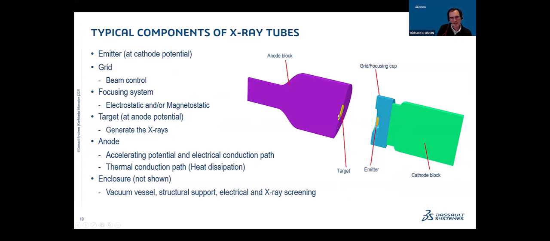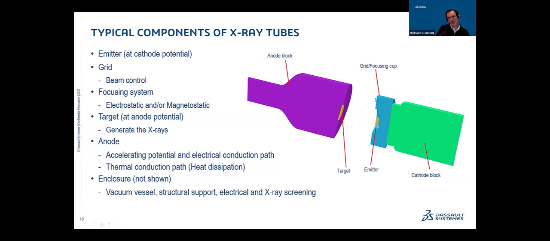The target is at the anode potential, which generates the X-rays, and the anodes that you have here provide accelerating potentials and an electrical conduction path in order to guide the current which will flow into the device.